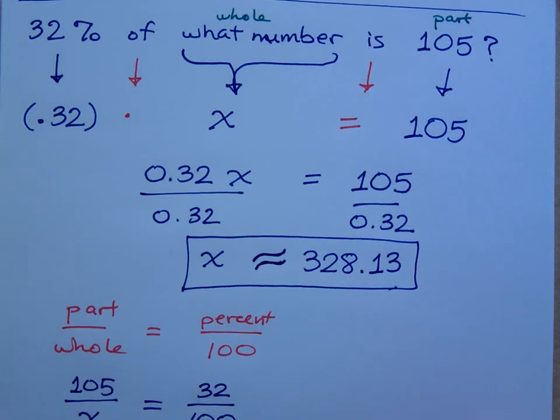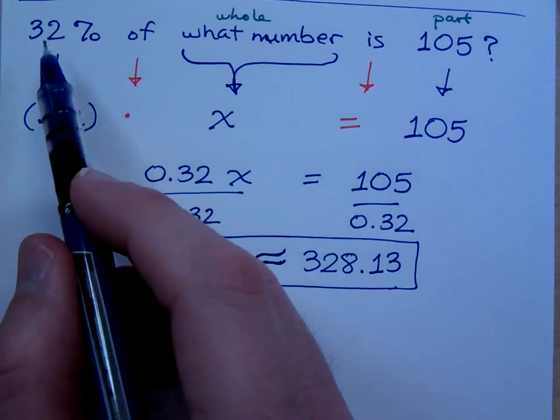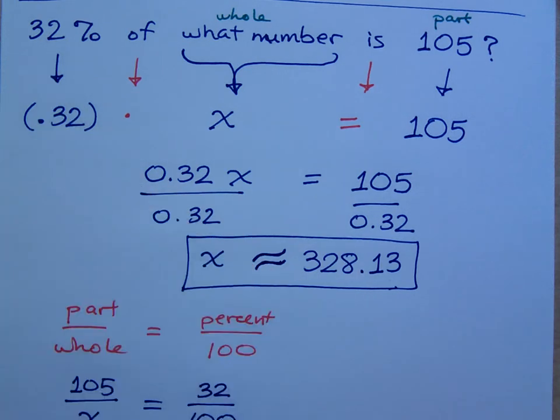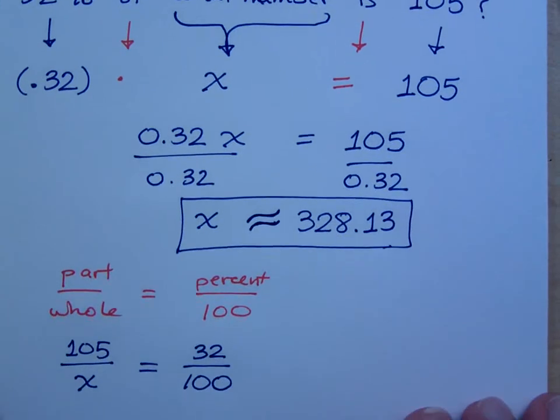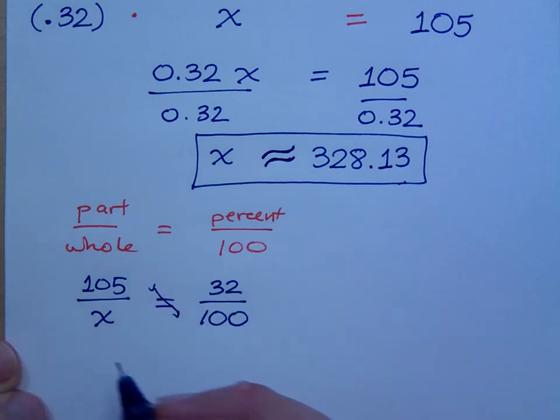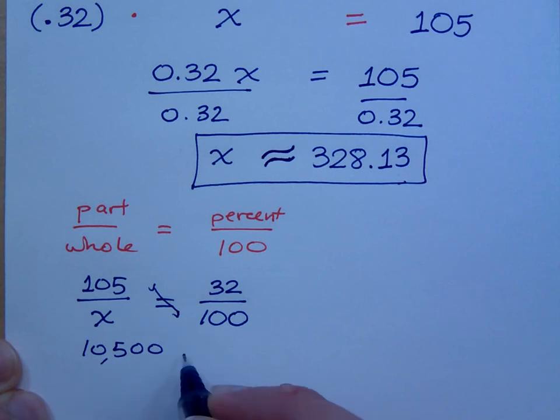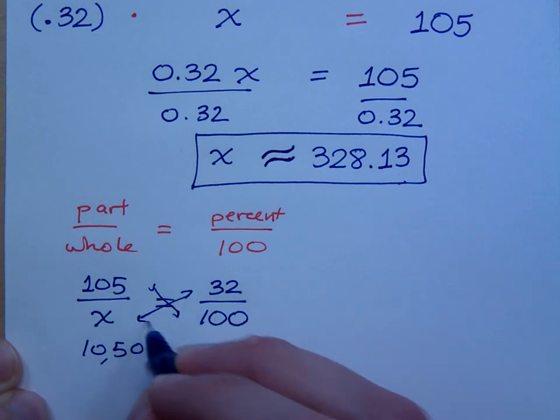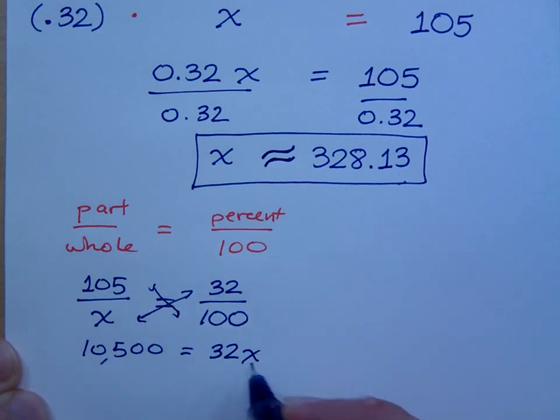Notice that whenever I do the percent proportion, I take the 32% and I make this 32 out of 100. That's the same as the 0.32. And when you do the cross products here, this cross product gives you 10,500. The other cross product gives you 32x.